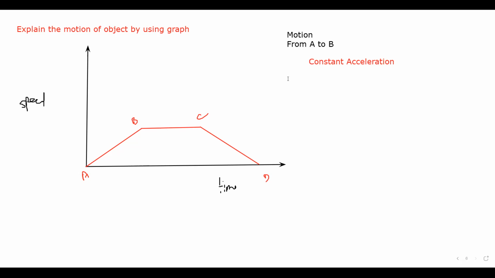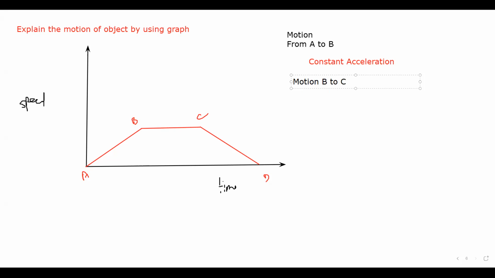Then the motion of an object from B to C. So from B to C, what is happening?